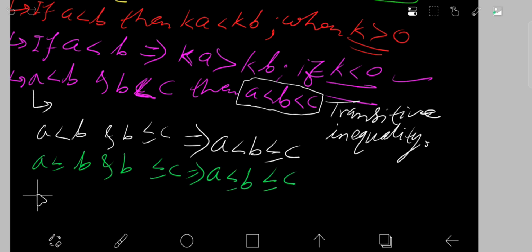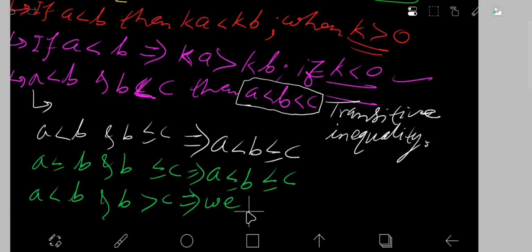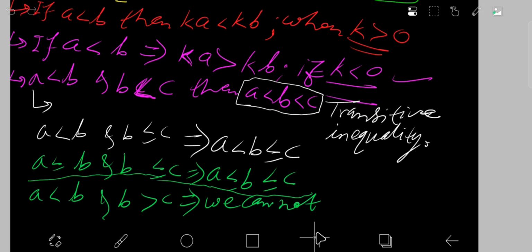Another property: if a is less than b and b is greater than c, then this implies we cannot relate a and c.